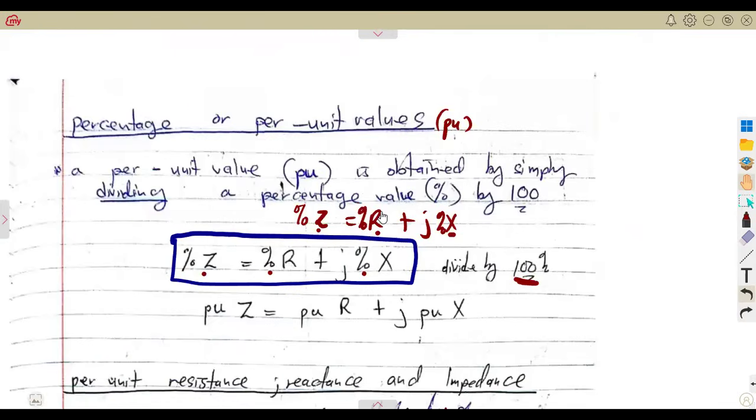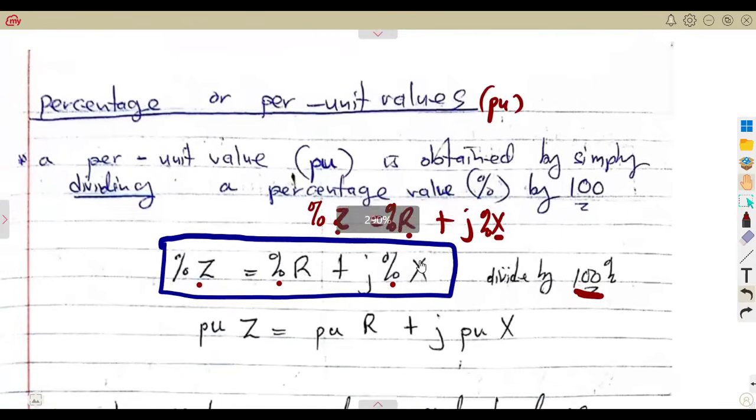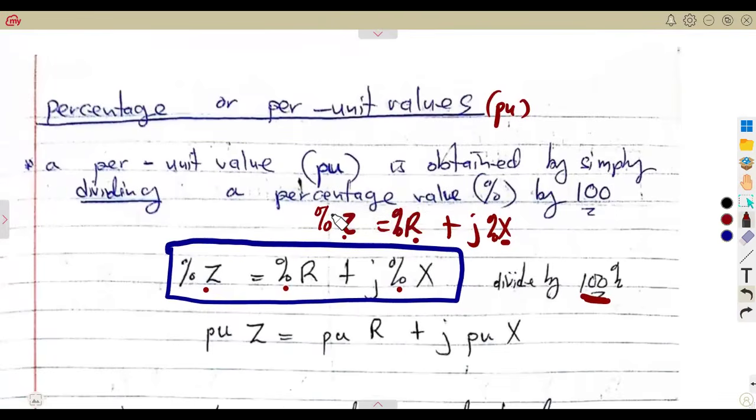Just go here. When I explained this part, the per unit value was obtained by dividing. When you are obtaining percentage, it is multiplied. But if they are already in percent, because we do not have per unit resistance, per unit X, we do not have that. If it was there, we're going to first multiply by 100%.